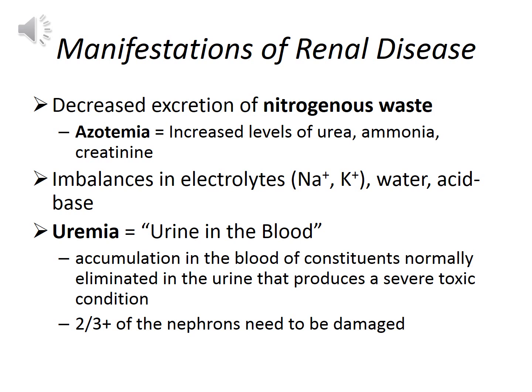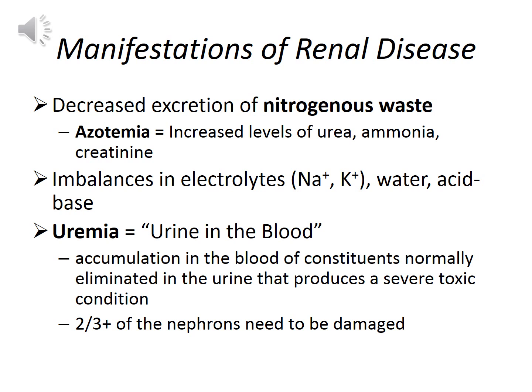I'm going to skip to the next one, only because it follows with azotemia. As this continues to get worse and worse, in other words, these concentrations of urea, ammonia, and creatinine are elevated higher and higher, we get to a point where we call this uremia. And that literally means urine in the blood. So we're really not excreting anything at all, or very little, I should say.